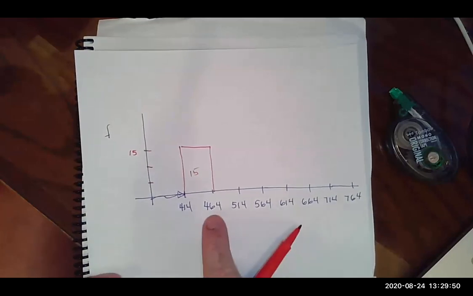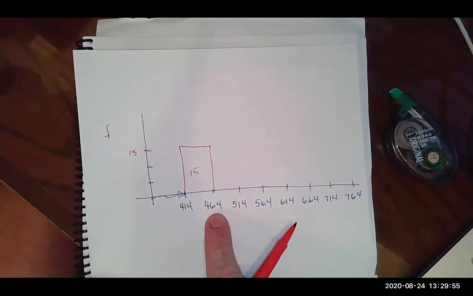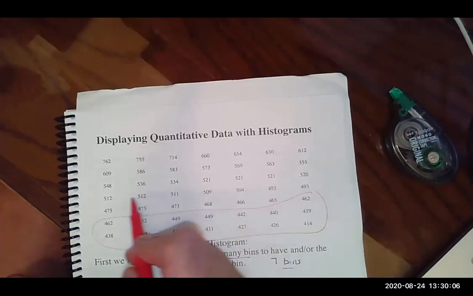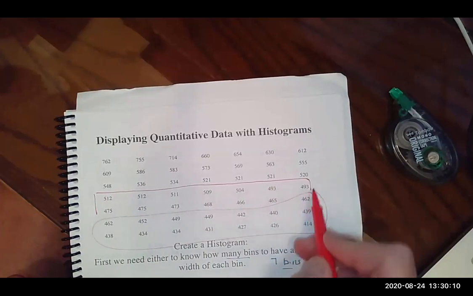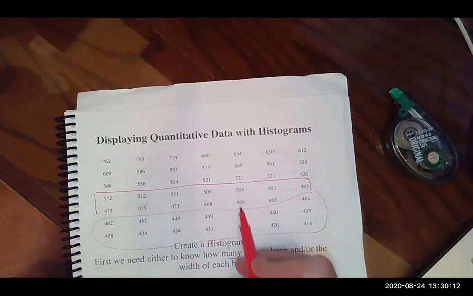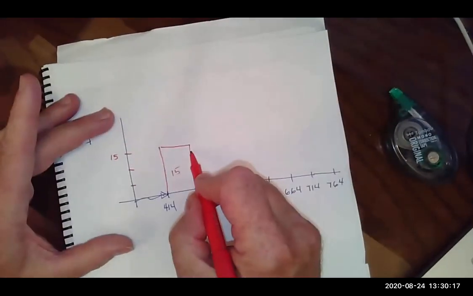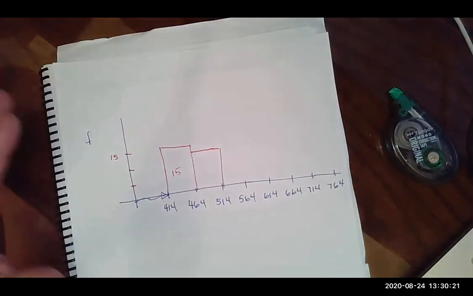Okay, now I start with 464, which there wasn't any, that's okay. And then I go up to, okay, what number will I stop at on this one? 513. So let's see, I'm starting with 512 then. 2, 4, 6, 8, 10, 12, 13. 13. So how you do this one is you continue the rectangle over here until you get to the next tick mark.